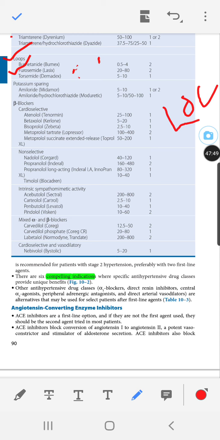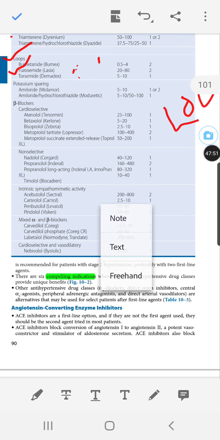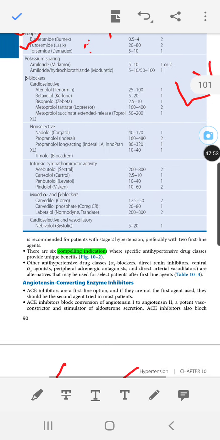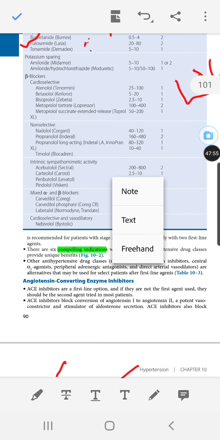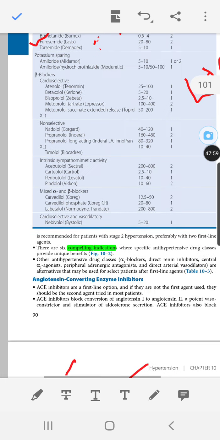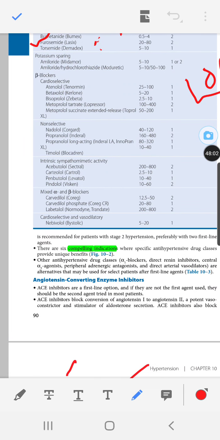So atenolol, betaxolol, bisoprolol. And for the non-selective you can use propranolol. Propranolol is very common, so you memorize its brand name, which is Inderal, and also timolol.